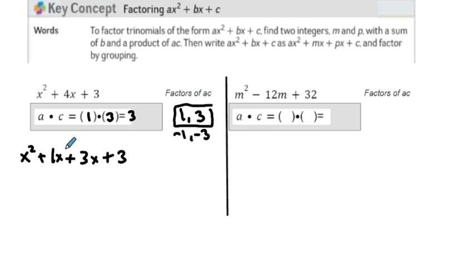This is the same as this. This is just a simplified version of this. So what we did is we expanded it by doing this method so that now we can factor by grouping, and you're going to see something kind of cool happen here. All right, so these first two terms we can factor out an x, and you get x plus 1. And these next two terms we can factor out a 3, and that gives you x plus 1.